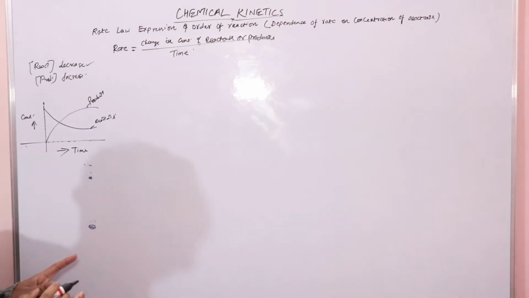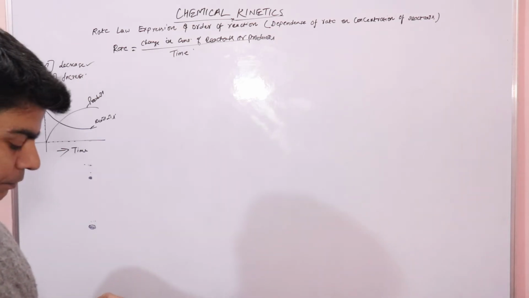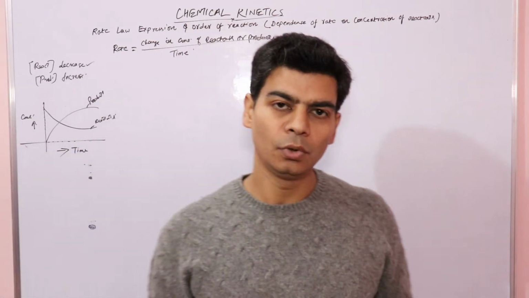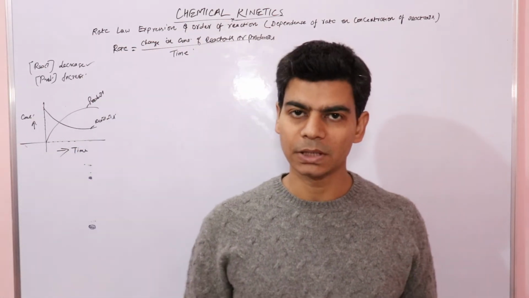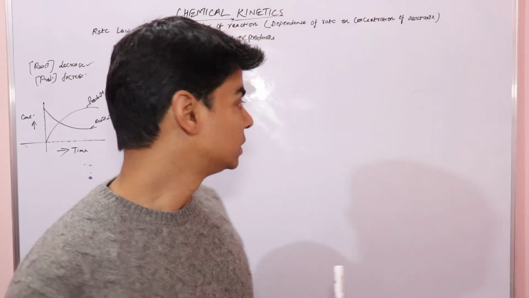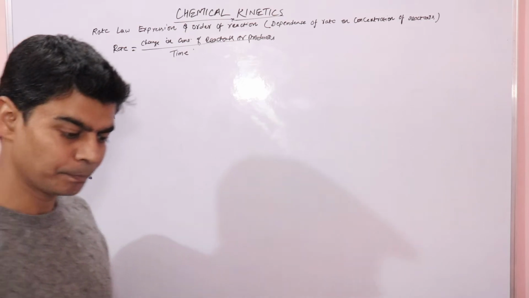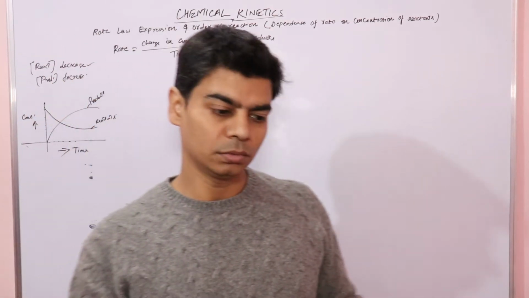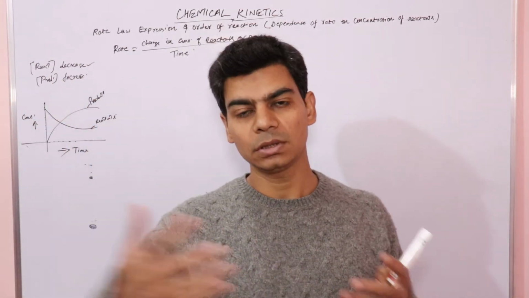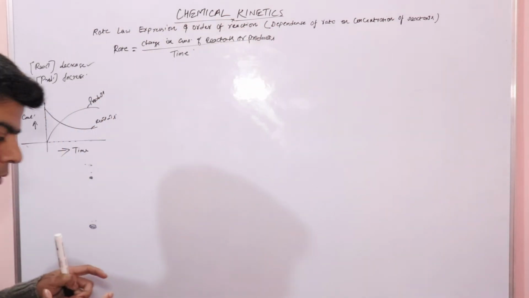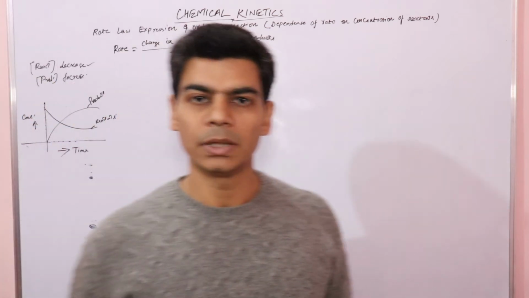Now in this video lecture we will look at the mathematical expressions for how the rate of reaction depends on the concentration of reactants, right? There were two scientists, Guldberg and Waage.